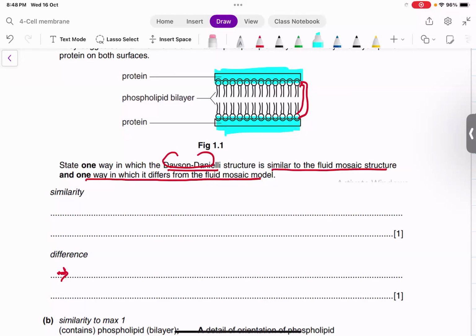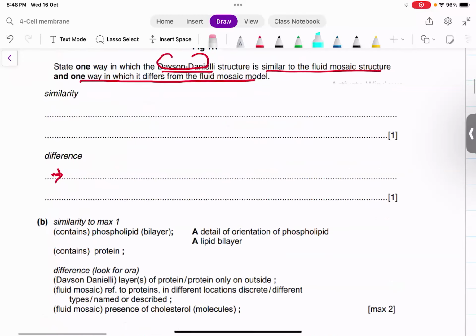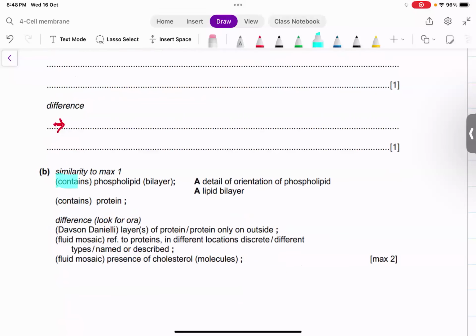Okay. So the similarity is that they contain a phospholipid bilayer. They contain proteins. Details of orientation of phospholipids, the lipid bilayer, are the same in both of them. And the difference is that proteins are only on the outside.